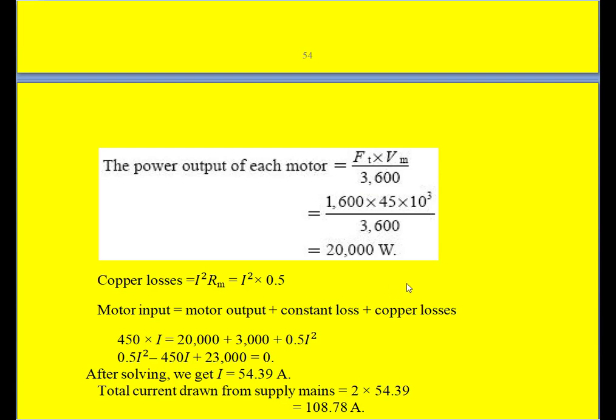We know the copper loss formula is I square into Rm, where Rm is the resistance of each motor, given as 0.5 ohms, and I is the current flowing. So I square into 0.5.